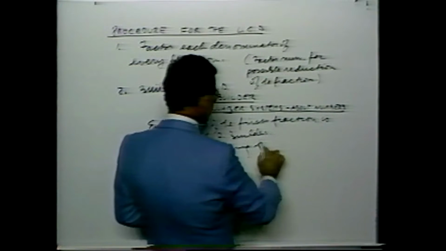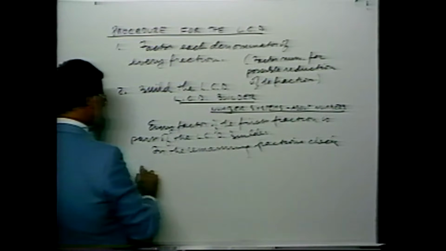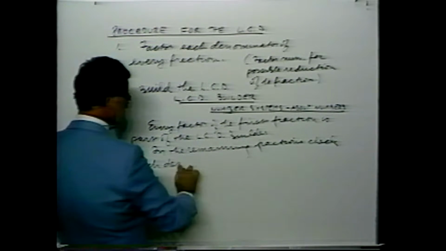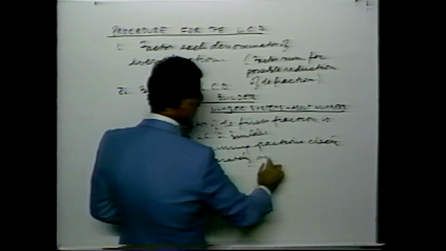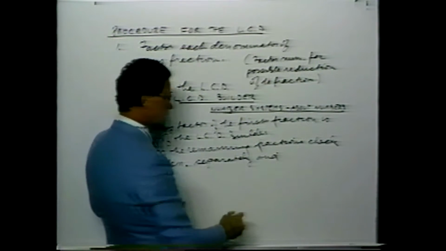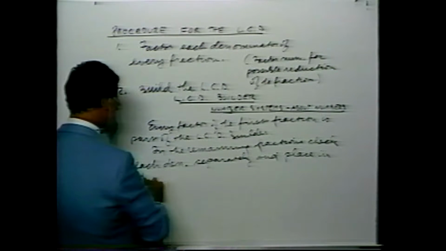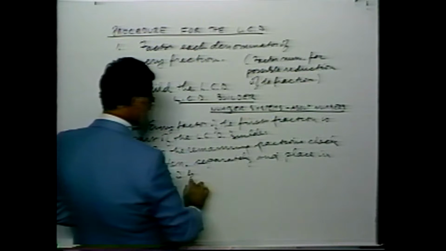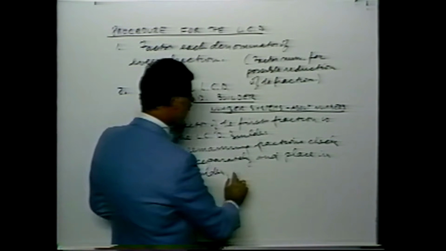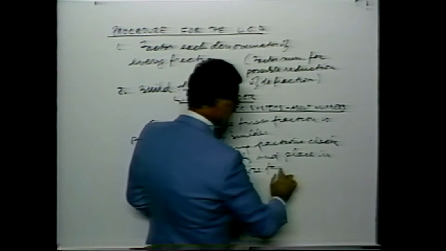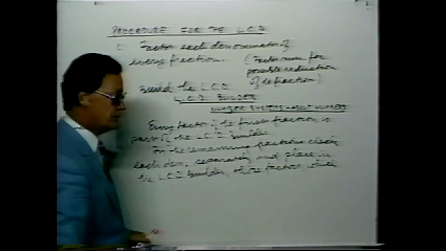In the remaining fractions, check each denominator separately and place in the LCD builder those factors which are not already present.